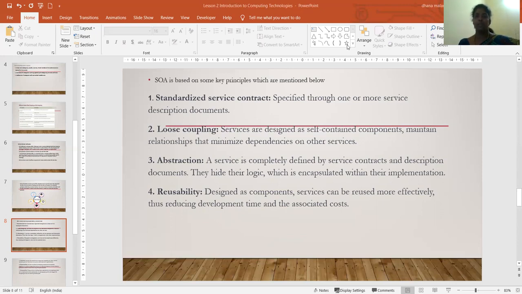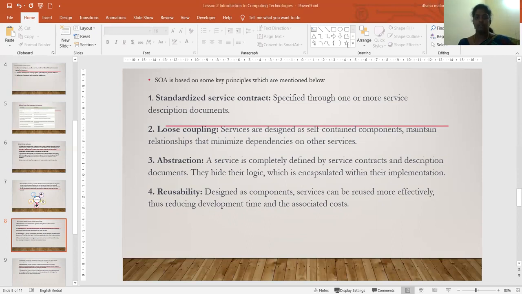This is one of the main characteristics of web services, which just states that there should be as little dependency as possible between the web services and the client invoking the web service. So, if the service functionality changes at any point in time, it should not break the client application or stop it from working.